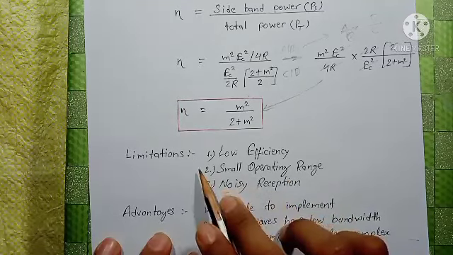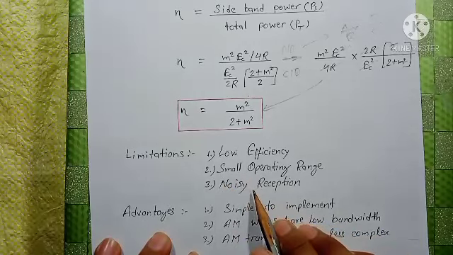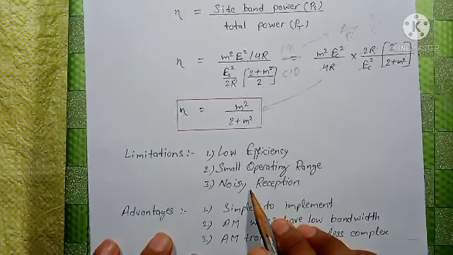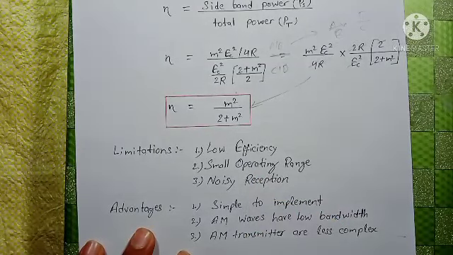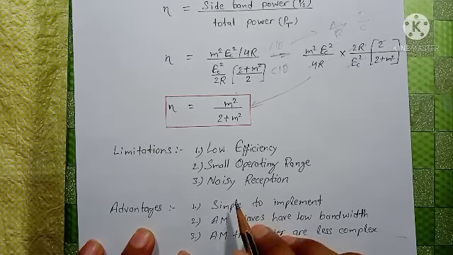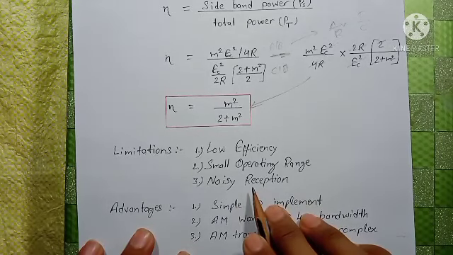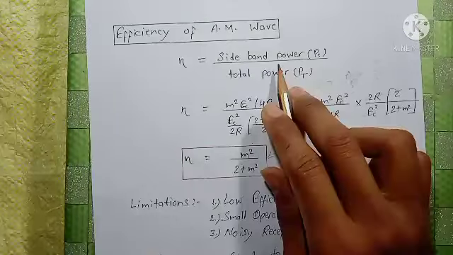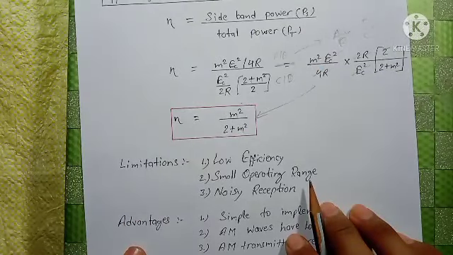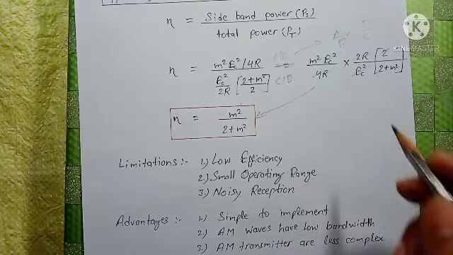Our first limitation is low efficiency. If the modulation of AM wave is 100%, the sideband power is only 1/3 of the total power.